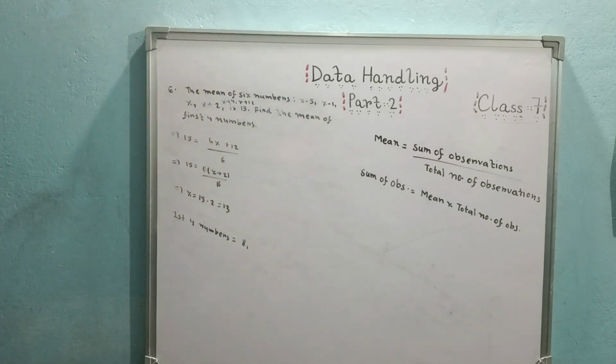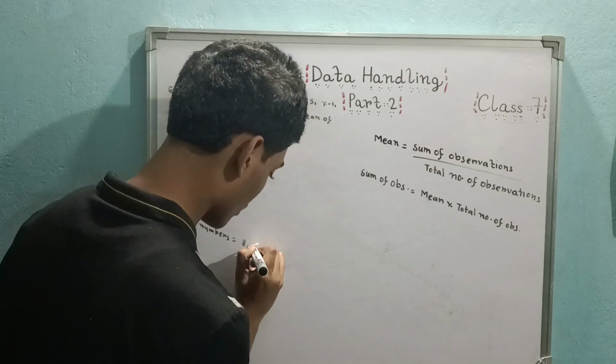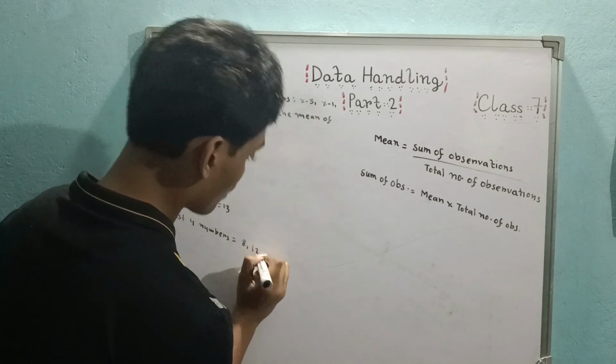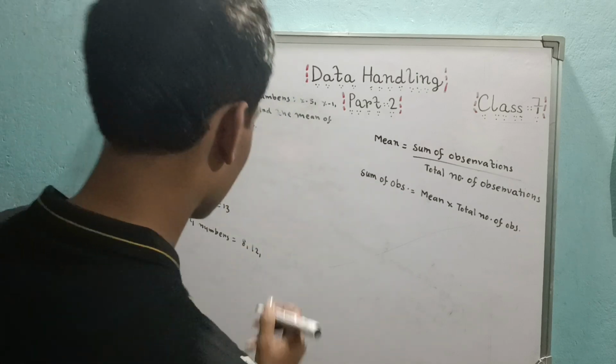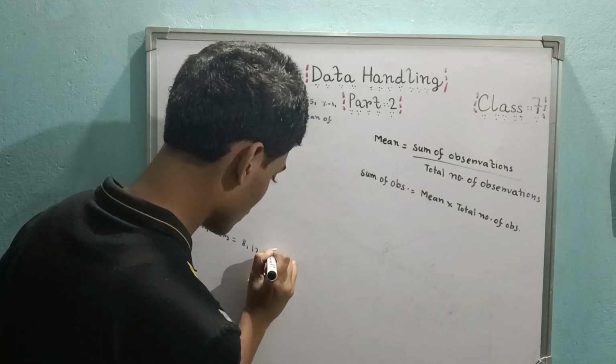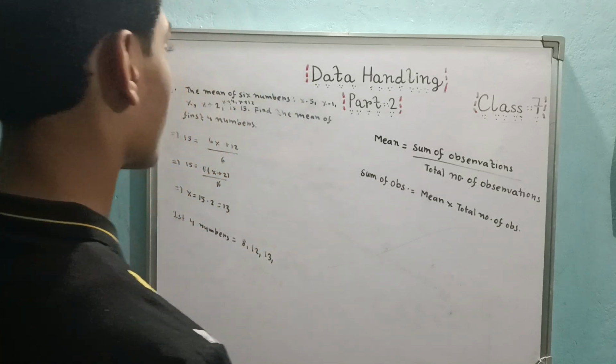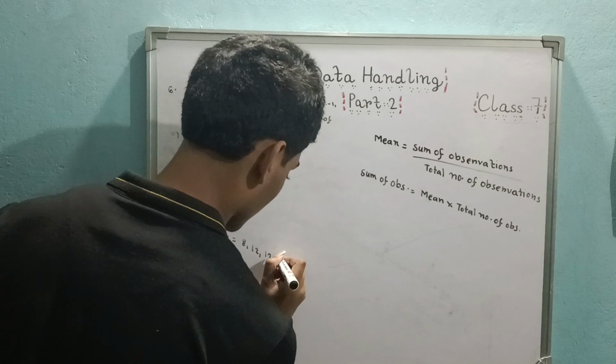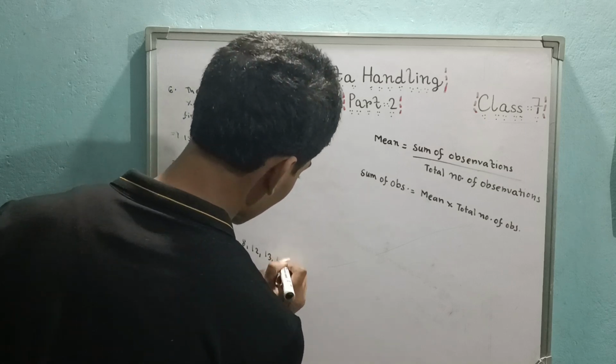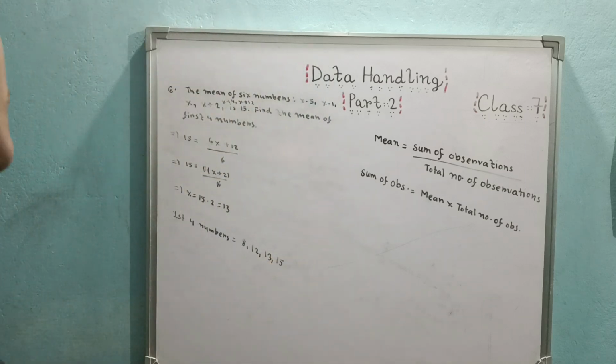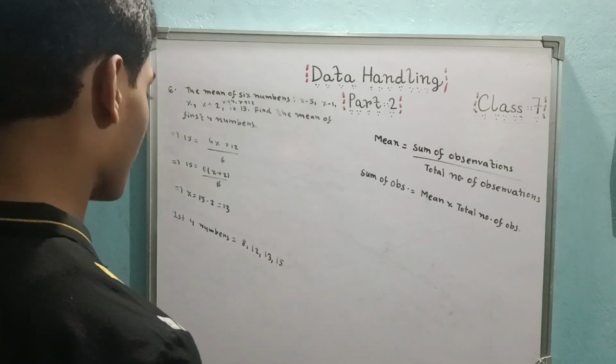Next one is x minus 1, 13 minus 1 is 12. Next one is x, 13. Next one is x plus 2, 13 plus 2, 15. These are the first 4 numbers. That's the use of finding x. If you find x, you can get these actual numbers.